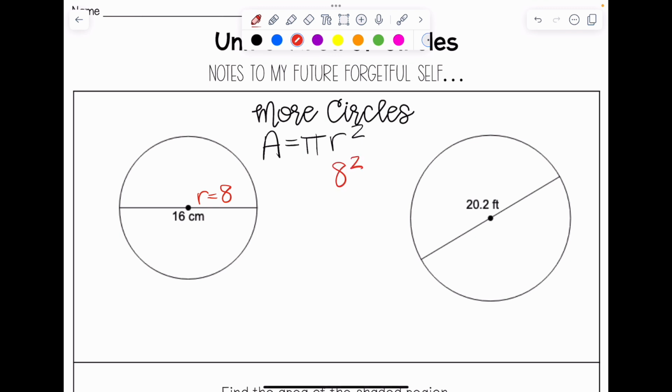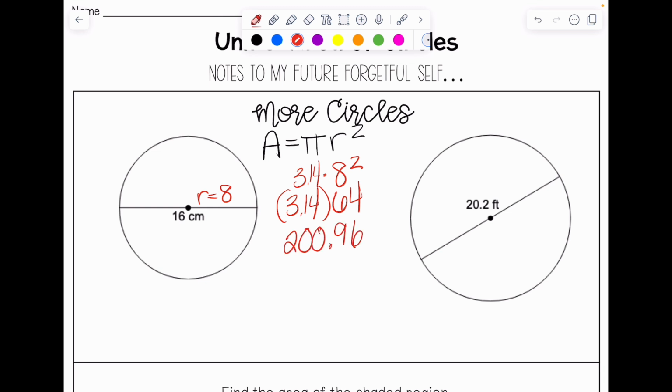Now I can plug in 8. I'm going to do 8 squared, which is 64, and multiply that times 3.14. And we'll get 200.96 square centimeters.